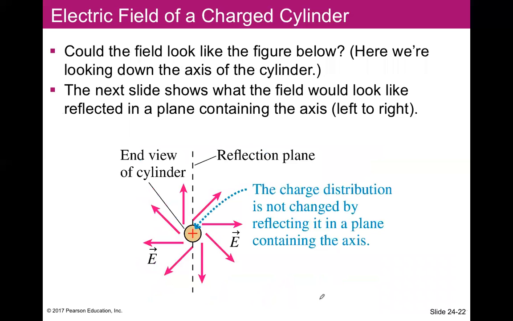So if we look at, let's say, the cross view of the cylinder, then you will see a circle, of course. So another question: is it possible that the field lines are distributed in this way? Is that a good symmetry?